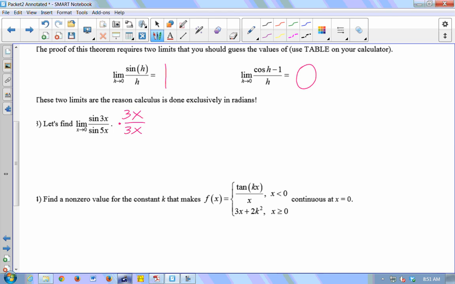So if I multiply this whole thing by 3x over 3x, then I could rewrite it as the limit as x goes to 0 of sine 3x over 3x times 3x times 1 over the sine of 5x.